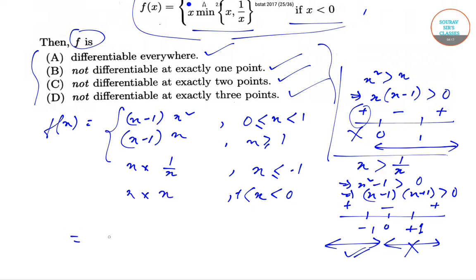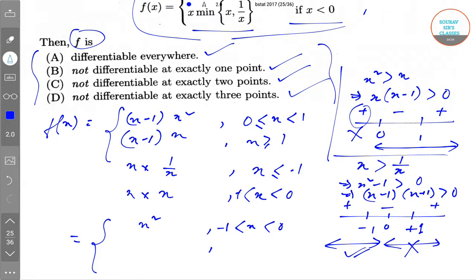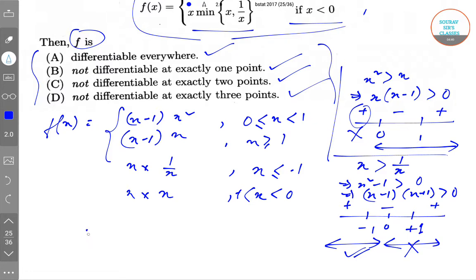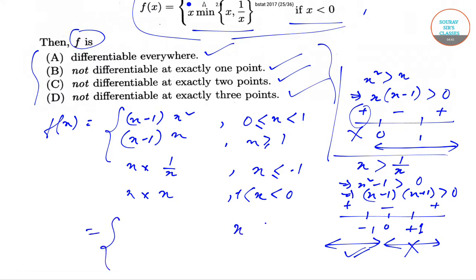So this is the function upon definition. Now let us write this in a piecewise manner. If x is less than or equal to minus 1, then f of x is equal to 1.